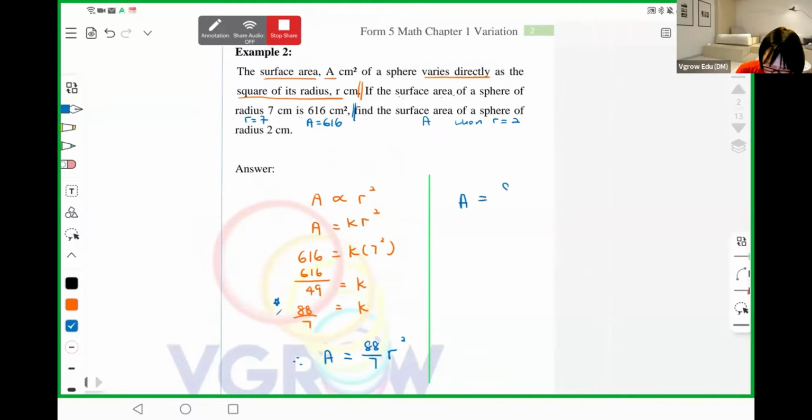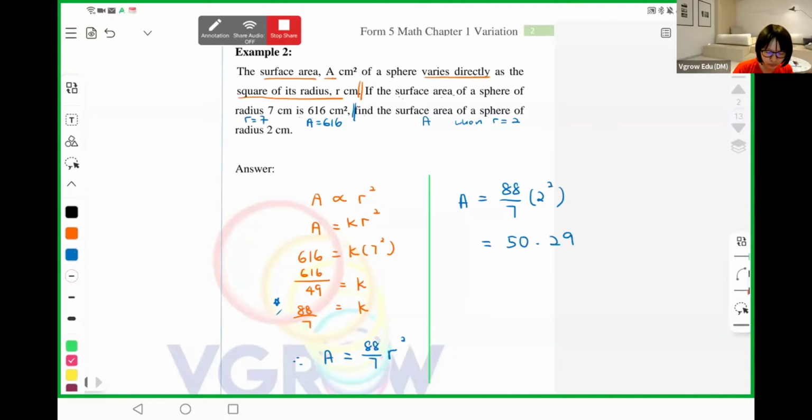A equal to 88 over 7 times r squared, so straight away you get the answer. With the improper fraction it's easier now: 88 over 7 times 4. Now you can write the answer in decimal form, which is 50.29. All good? Simple.